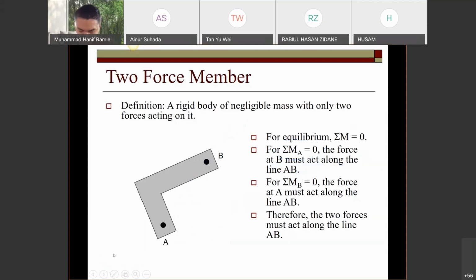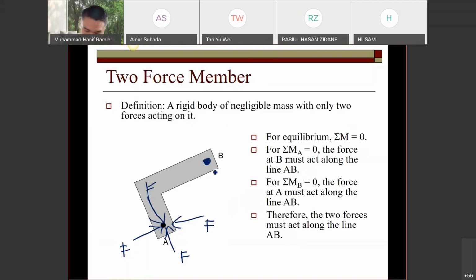If let's say we choose point B to calculate the moment, we have to consider forces acting at point A. These are the possible forces, not the final one yet.